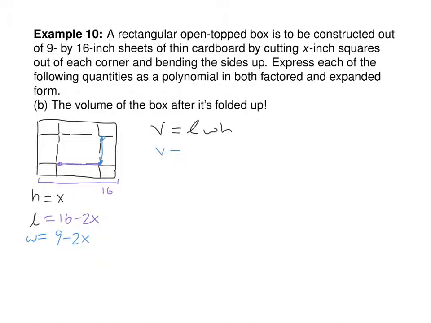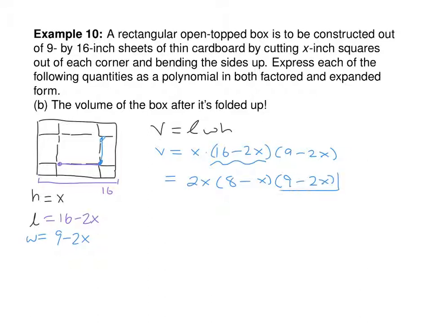So your volume is x times 16 minus 2x times 9 minus 2x. And that's almost factored form. And I say almost because technically the 16 minus 2x has a GCF of 2. So take out that 2. And we'll have 2x times 8 minus x times 9 minus 2x. So that's your volume in factored form. In expanded form, I'm going to multiply the 8 minus x and the 9 minus 2x first.